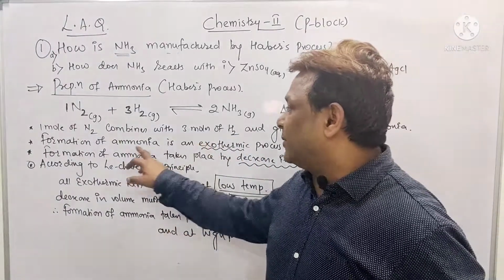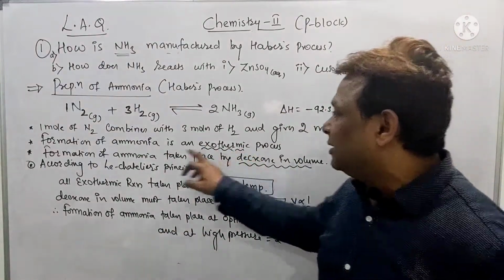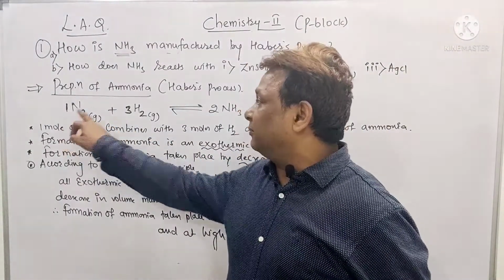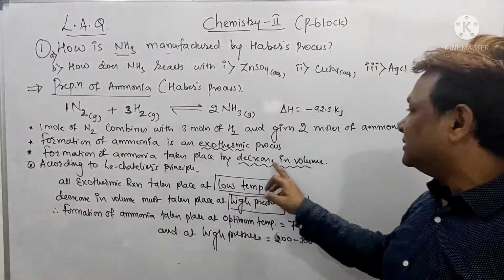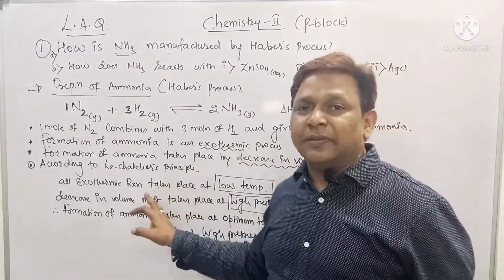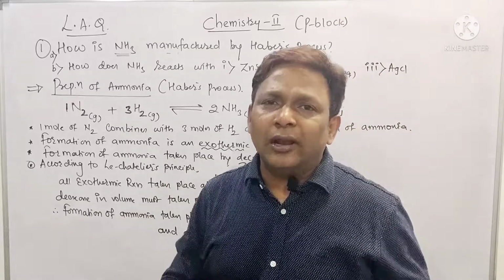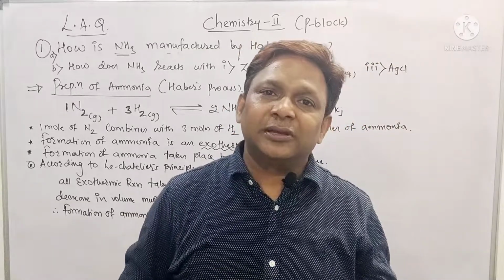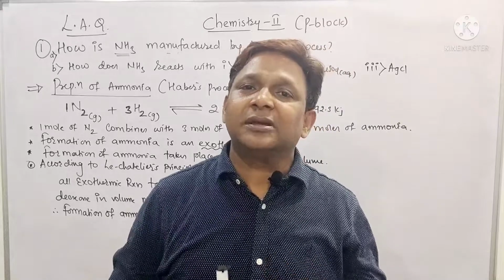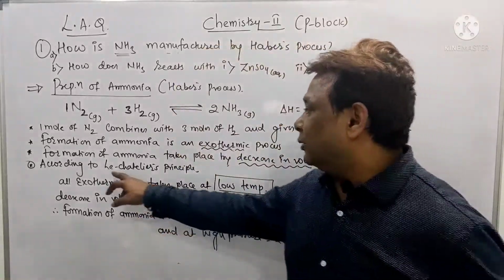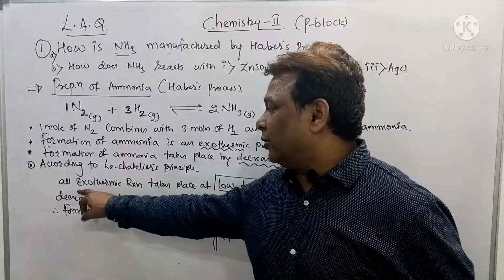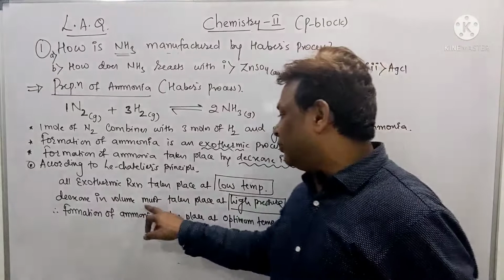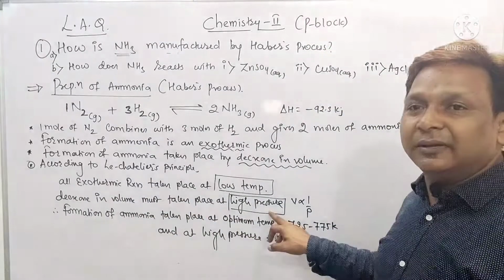Second one, formation of ammonia is exothermic. Formation of ammonia takes place by decrease in volume, because as I told you, 1 plus 3, 4 volumes become 2 volumes, a decrease in volume. Now Le Chatelier's principle says, beta, that all exothermic reactions must occur at low temperature, and all reactions which occur by decrease in volume must occur at high pressure. Right, beta?